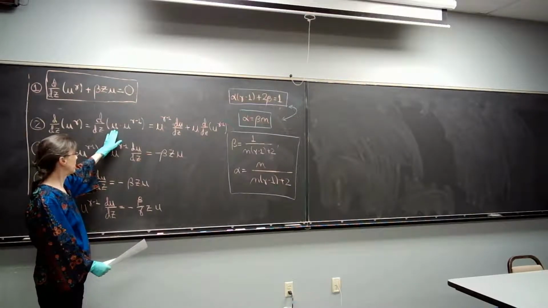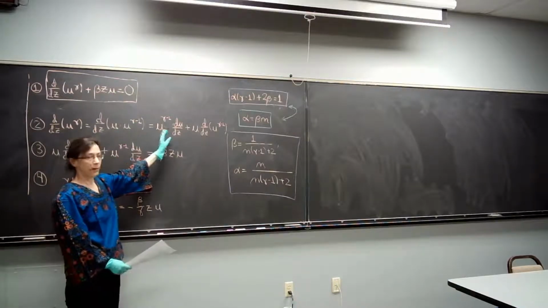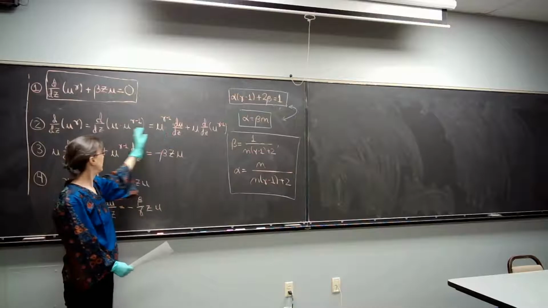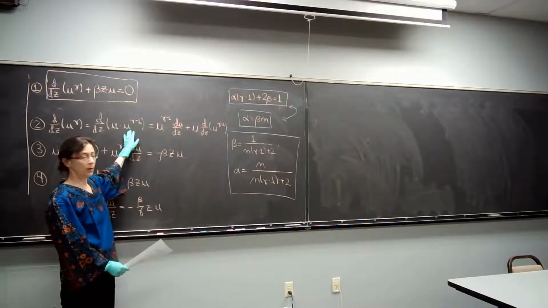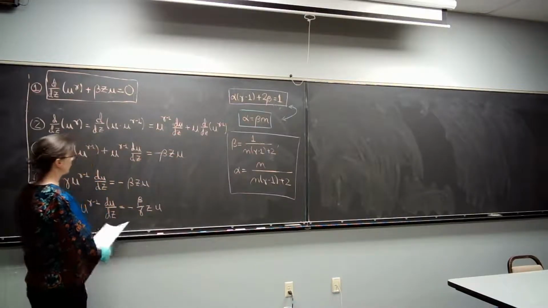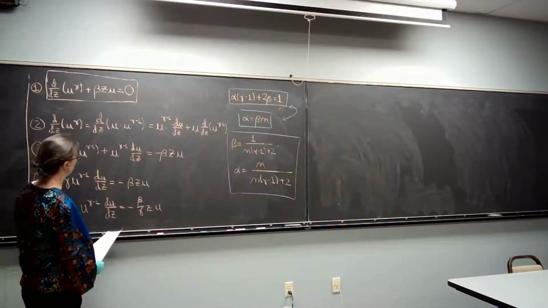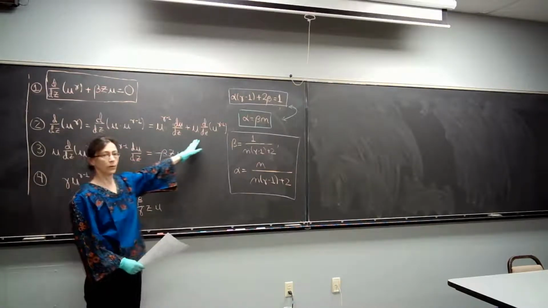Take the derivative of the first, leave the second one alone. And that's what I've done here, but I have switched the order so that I can match my terms up better. Plus, leave this first one alone, take the derivative of the second.